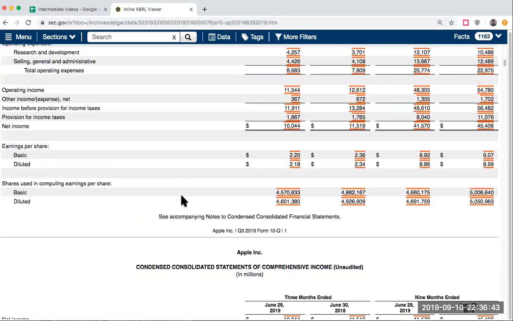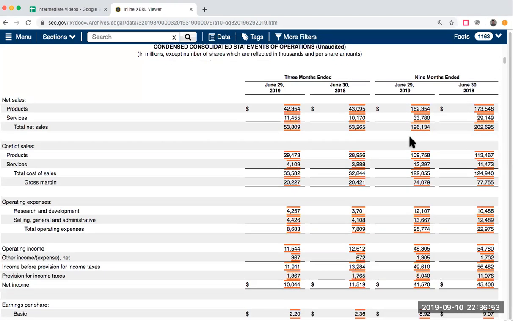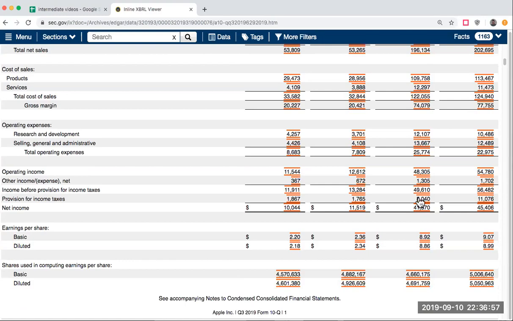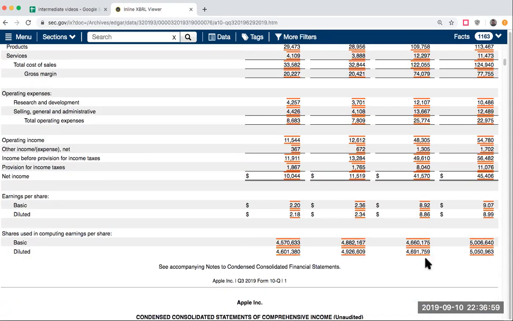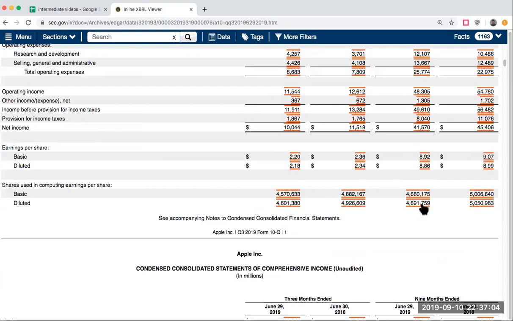And there we go. All right, so Apple Computer is going to show their net income for the 3 months and 9 months ended, right? So over here they've got their net income for the 9 months ended, and then down here, earnings per share and the like.